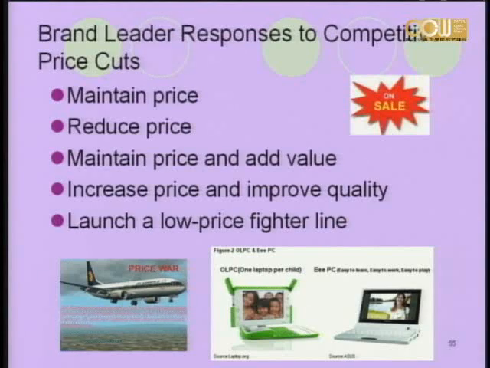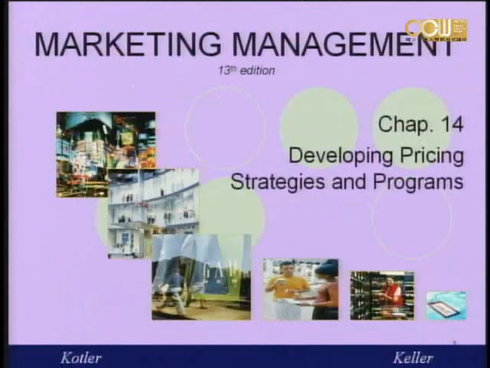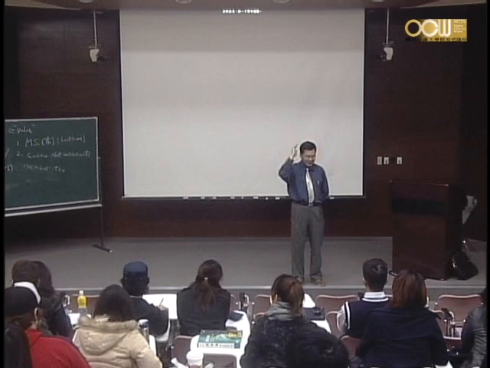See here, maintain price and add value. All right? So value comes from technical support, for instance. Increase price, improve quality. Launch a low price fighter. All right. So these are what happened. All right. So you have another one. So we wait for another one coming out and then try to do that. So all these are the reactions to the price. So I think I already mentioned that, the EPC and then the price war in the airline and so on. This is a very complicated thing called pricing. Okay, good luck and see you next week.